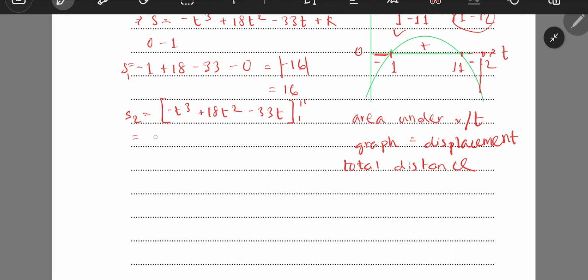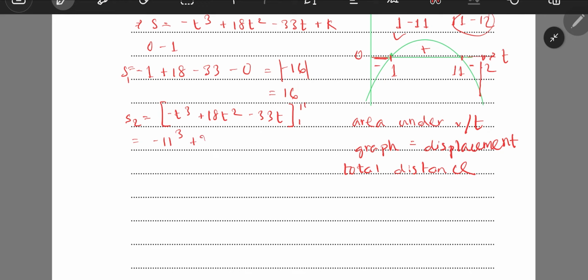So when it's 11, it's minus 11 cubed plus 18 times 11 squared minus 33 times 11, minus minus 16.